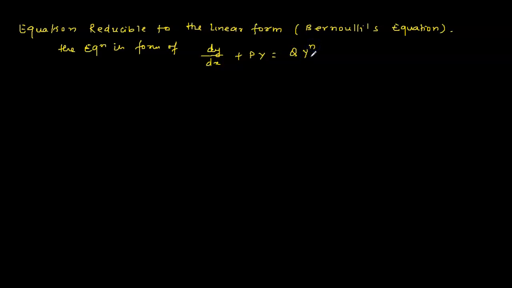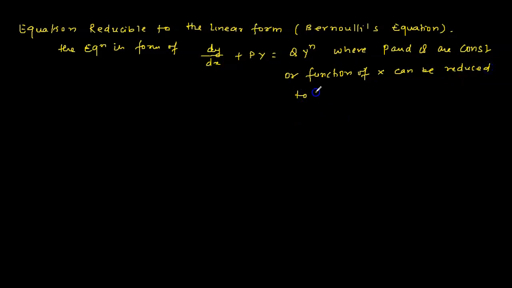Okay, this format is given, where P and Q are constants or functions of x, can be reduced to the linear differential equation form by dividing by y to the power of n.